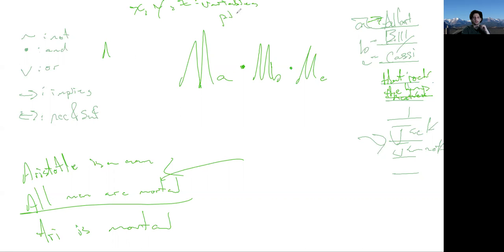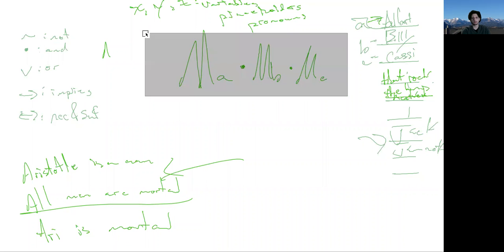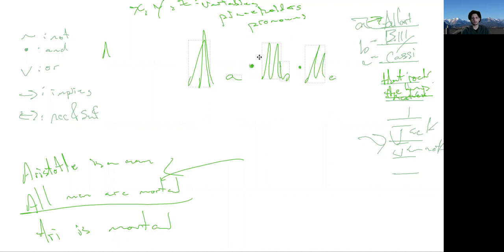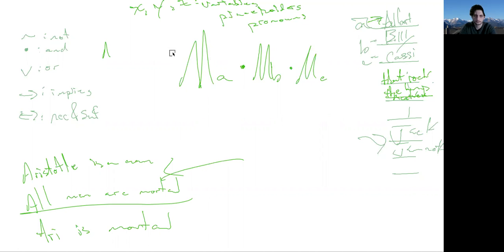They're placeholders. Or if you're going to keep thinking grammatically, they're pronouns. You don't know who this is going to specifically be. It's just someone for the time being. With variables, we can't talk about variables without also talking about quantifiers. Why is that?